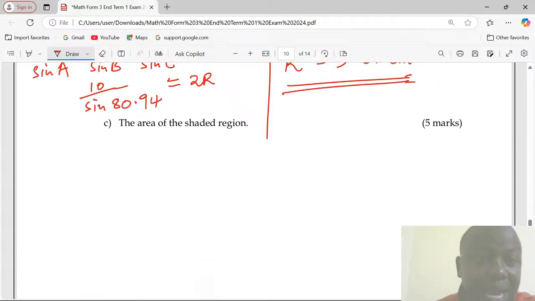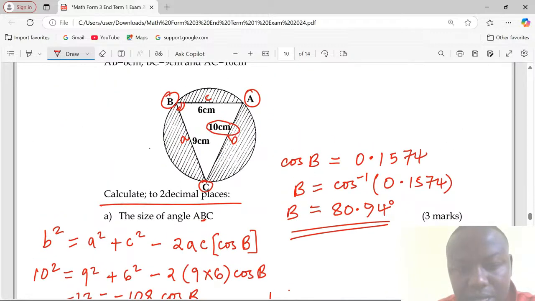Look at part C. The examiner is demanding the area of the shaded region. Which is the shaded region? The area which is inside the circle but outside the triangle. So we need the total area of the circle minus the area of the triangle. Circle minus triangle.